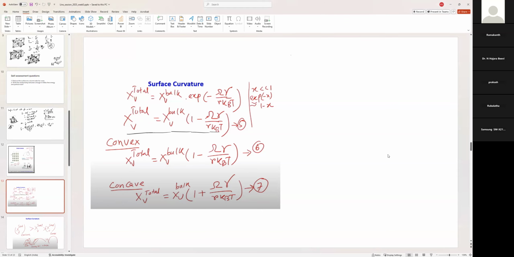Your total vacancy concentration is your bulk vacancy concentration times 1 minus your atomic volume omega times gamma divided by r kBT.